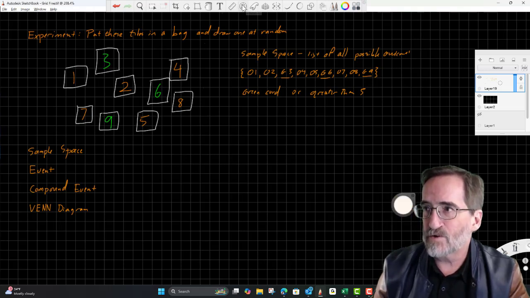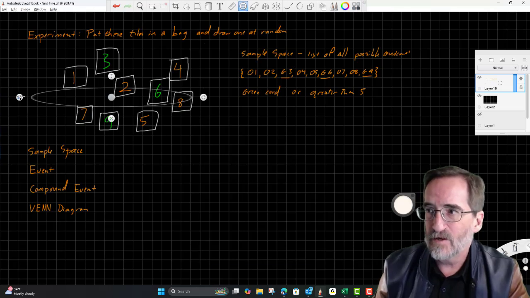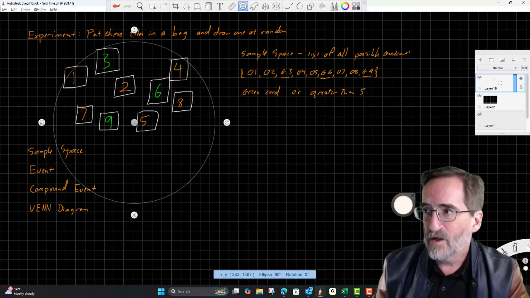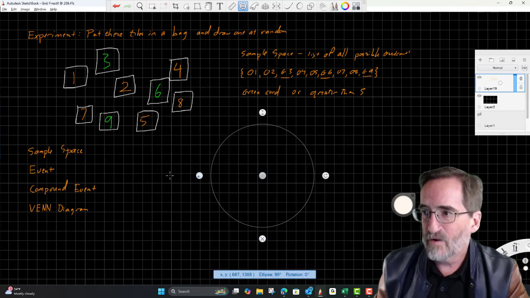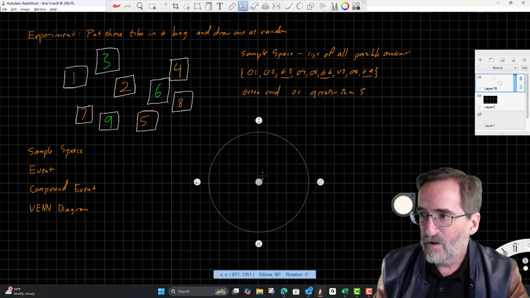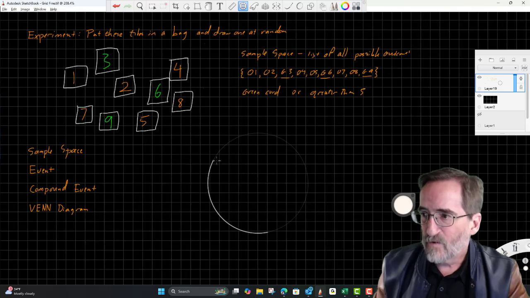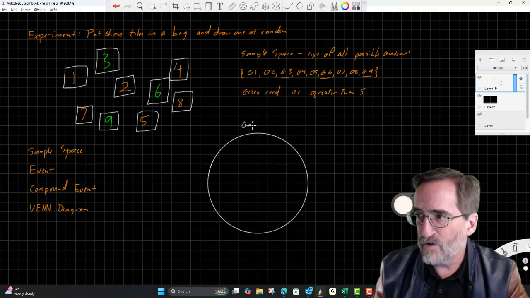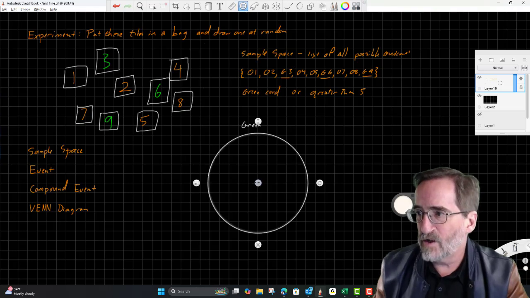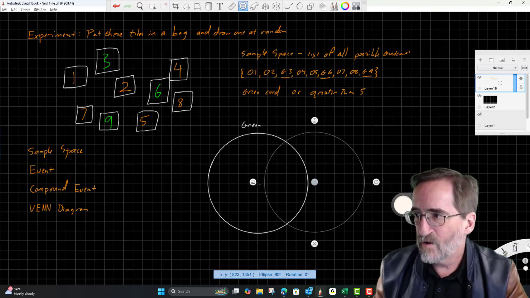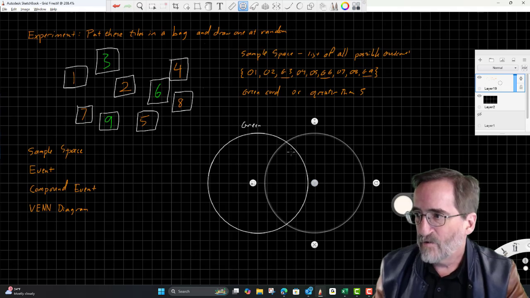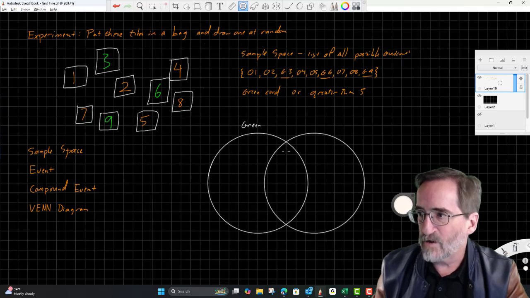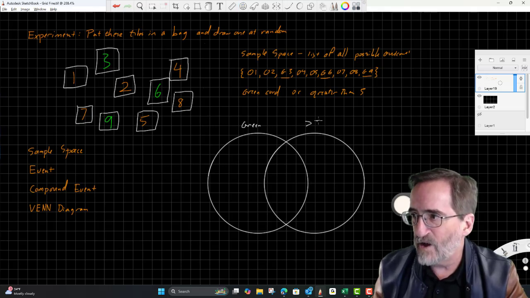I'm going to use 2 circles because we have 2 events, a green card and a number greater than 5. So here we go. We've got 1 circle. This represents the event of getting a green card. Then we're going to draw another intersecting circle, the hallmark of a Venn diagram. And this would be the event of getting greater than 5.